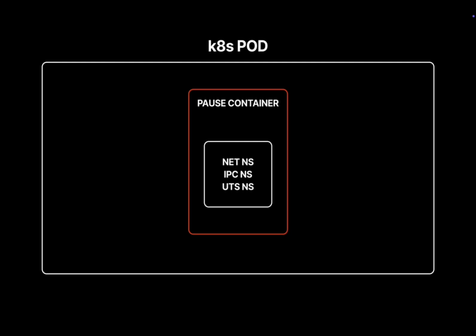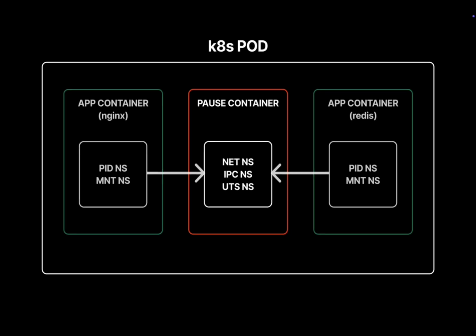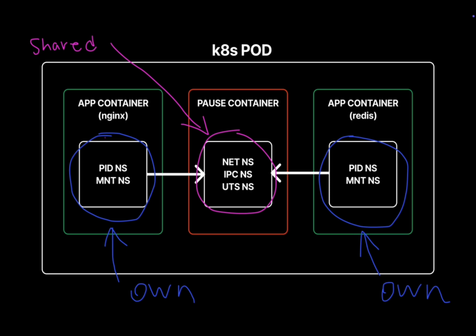Then the runtime creates a pause container, a minimal container that does nothing but sleep. Then, the pause container creates network, IPC, and UTS namespaces. And then, all application containers in the pod join those shared namespaces, but get their own PID and mount namespaces.